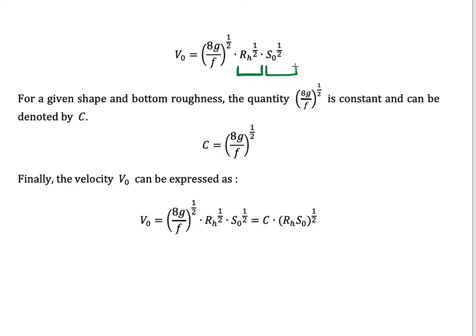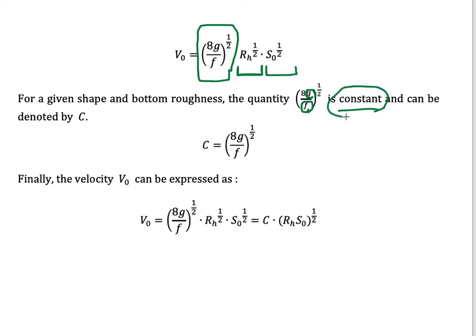As you know, if the tangent is high, meaning the angle is bigger, the velocity will flow down at high velocity. The value of 8g over f here is actually a constant, because gravity is constant, and the value of f, as I said previously, can be calculated by using the Moody chart. So the values of g and f are fixed, and when the value is fixed, it is okay for us to say it is a constant.